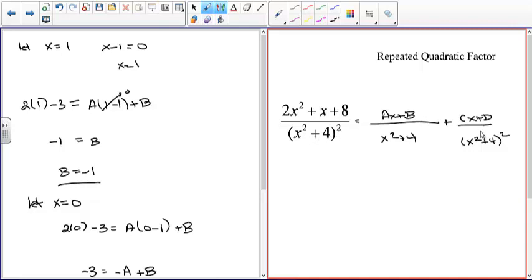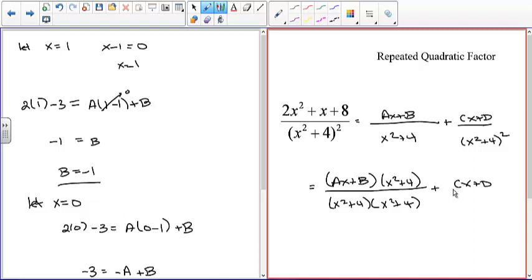For x squared plus 4 squared, we have to multiply the denominator by x squared plus 4 and the numerator by x squared plus 4. The second term is already x squared plus 4, so we don't have to do anything with that.